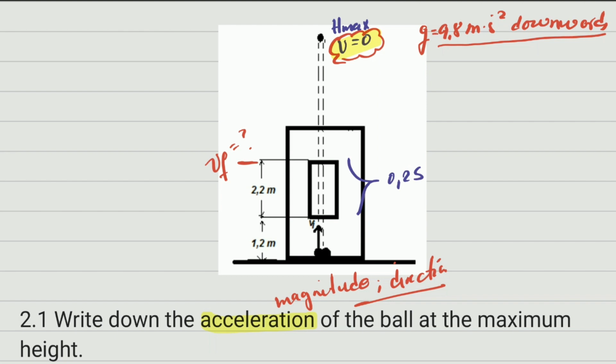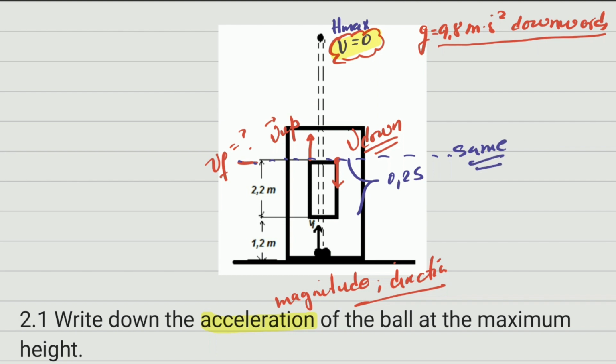Remember when we learned about the magnitude of the velocity: the velocity of that ball when it's going up is going to be equal in magnitude to the velocity down. That is an important point. The velocity at that specific point there is going to be the same. Okay, so that is important.